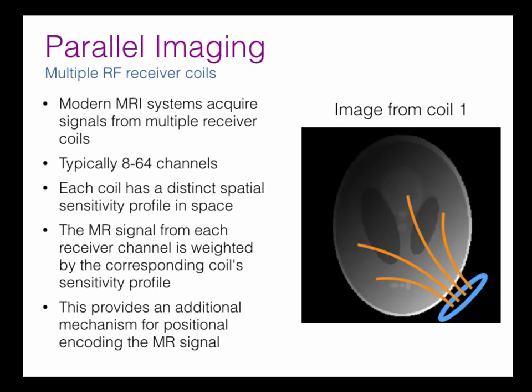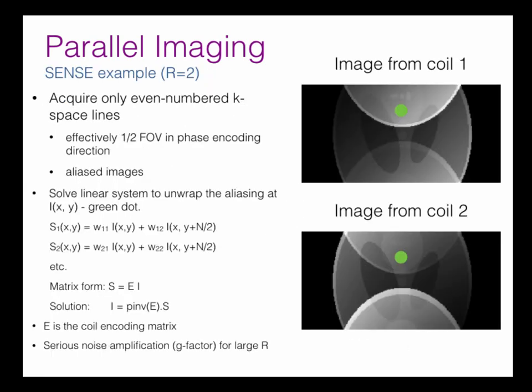If we look at coil 1, for example, it's bright at the bottom and dark at the top. So there's a big contribution from the bottom. This blob here, when we make an image from the coil 1 image, has a big contribution from the bottom part of our object and a small contribution from the top part of our object.